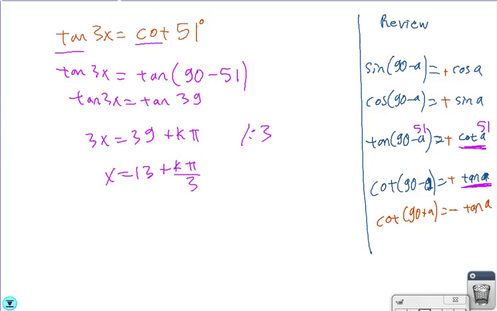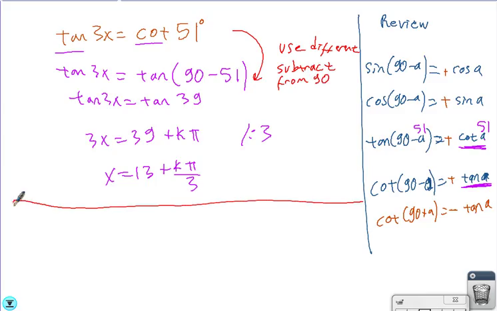So use different name and subtract from 90 degree.